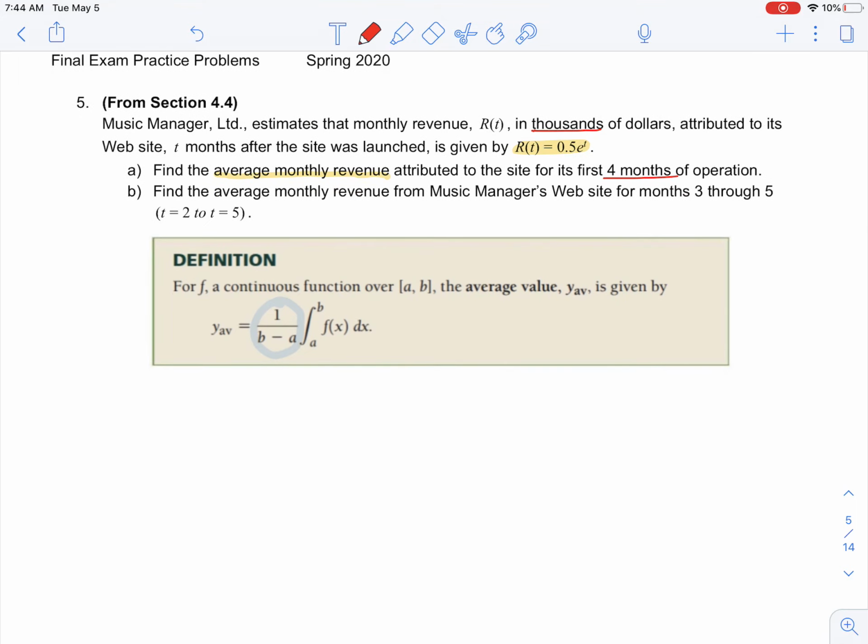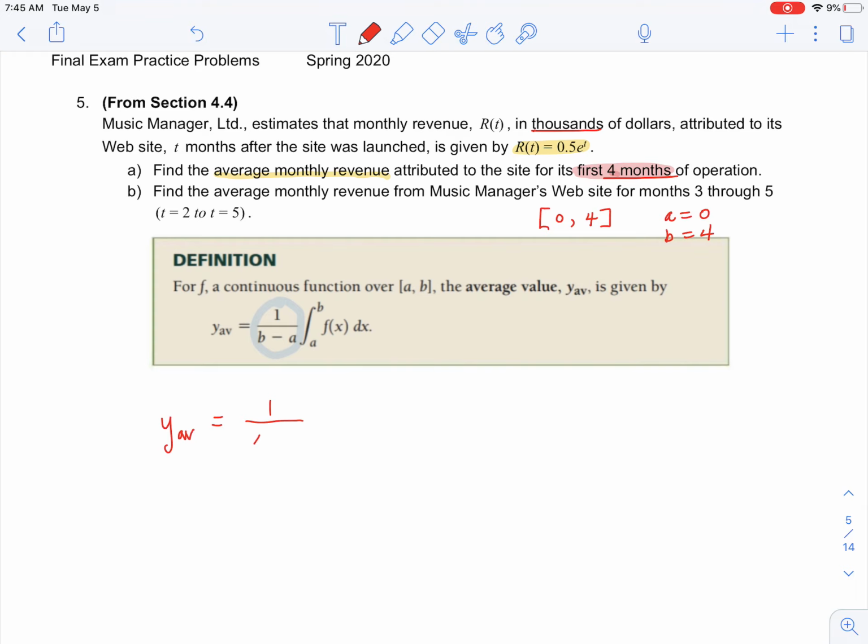I'll call it Y average, just like the formula, equals 1 over B minus A. But we have to figure out these endpoints, A and B. They said first 4 months of operation, so the interval is from month 0, the moment they open this website, up to 4 months. So A is 0 and B is 4.